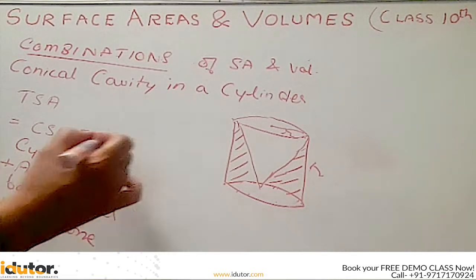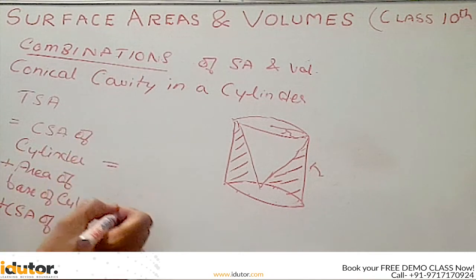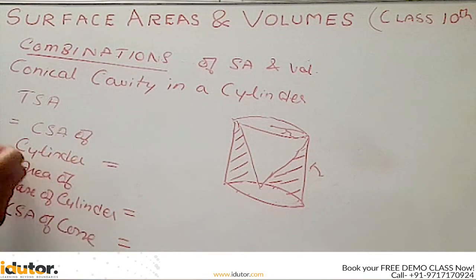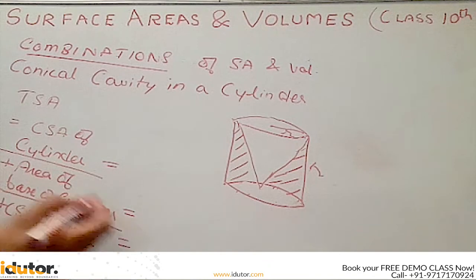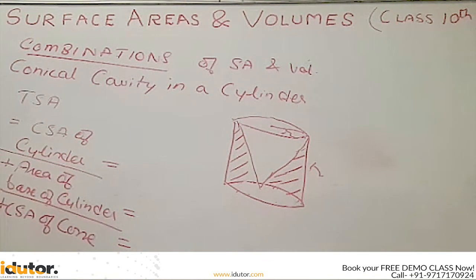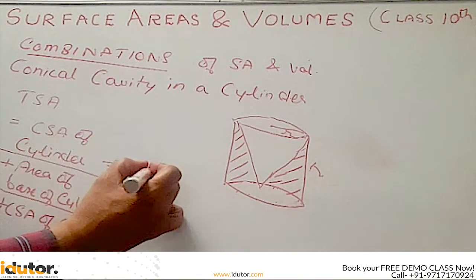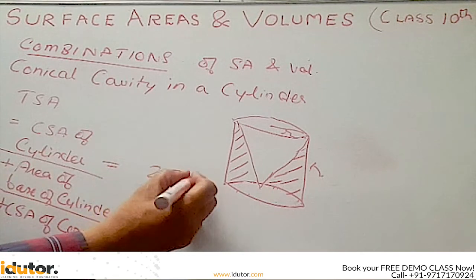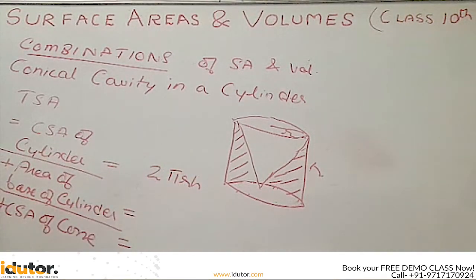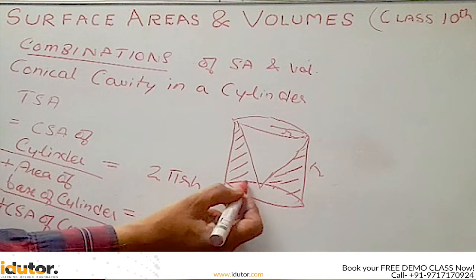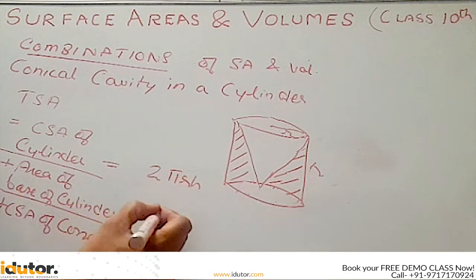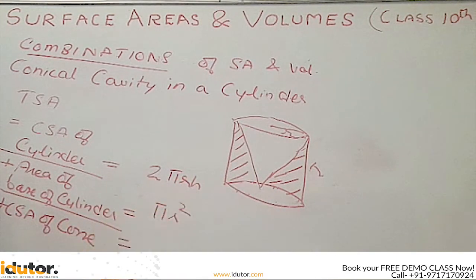So we have got three parts. One is the CSA of cylinder, which is equal to 2 pi r h. Then we have the area of the base, which is pi r square.